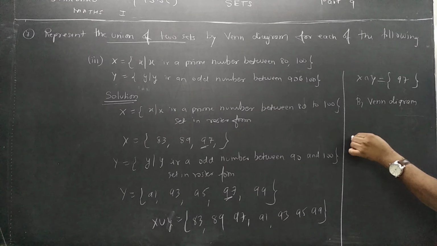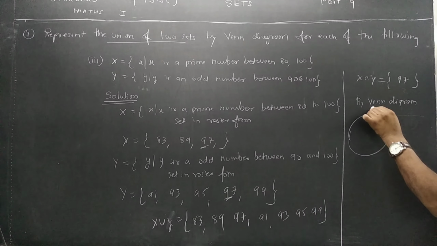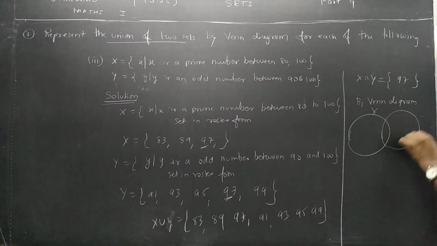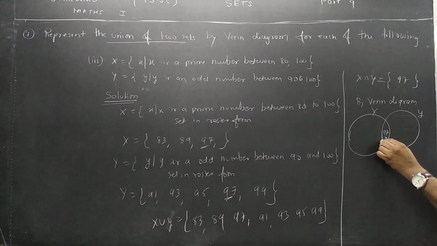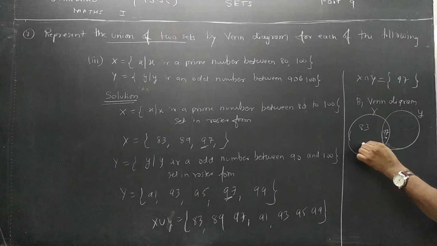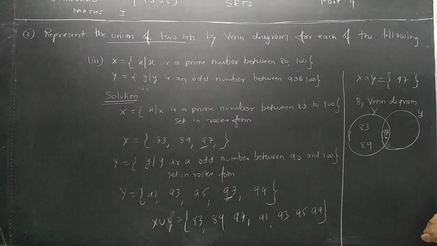So by Venn diagram, what is the Venn diagram? We are going to write X over here. We are going to write Y over here. Which is the common element? 97. ये बीच में आ गया. Is it right? It is 97. Which are the remaining one? 83, 89.